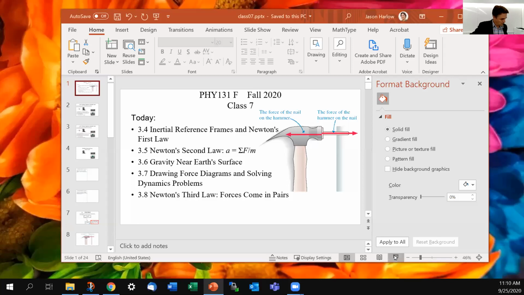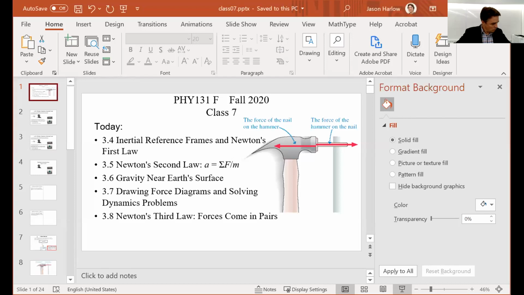Let me just get my slides up. Hold on a second here. I'm having screen sharing trouble. Let me try that again. Not working.